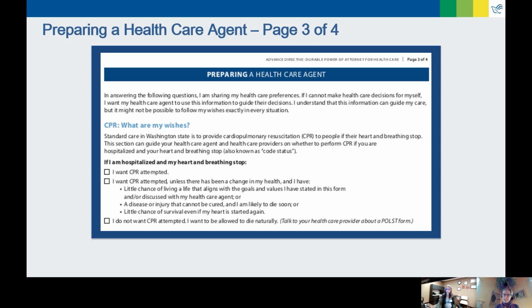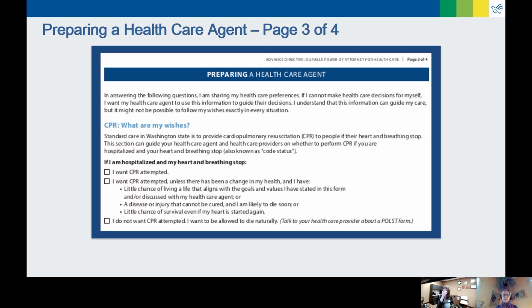The second box allows you to say, I do want CPR attempted for my current state of health, unless this document is being used in the future and I have now had a major change in my health status, and I now have little chance of living a life that aligns with my goals and values that I've stated in this form or I've discussed with my healthcare agent, or I now have a disease or an injury that cannot be cured and I'm likely to die soon, or there's little chance of survival if my heart is started again.